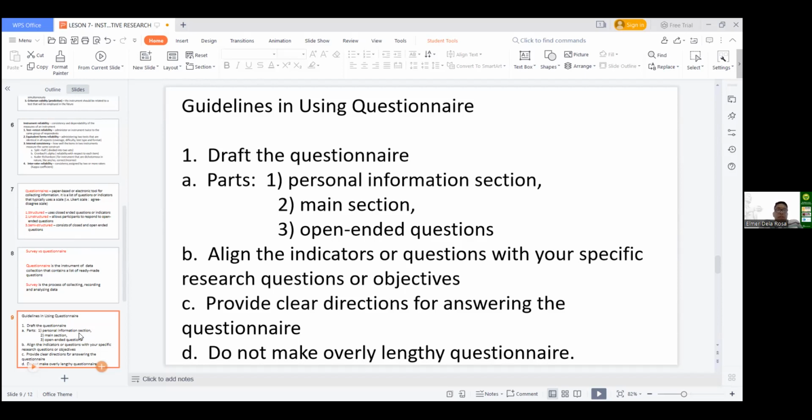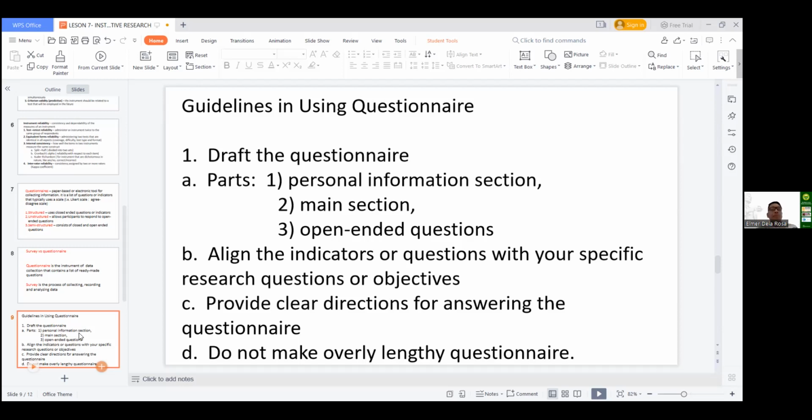But of course, do not make overly lengthy questionnaires because there's such thing as test fatigue. Pag masyadong mahaba yung questionnaire mo, nakita nila, gi-distribute ka 5 pages back to back. Hindi pa man nag-umpisa, pagod na sila. Ang gagawin nila, huhula-hulaan na lang yung sagot.